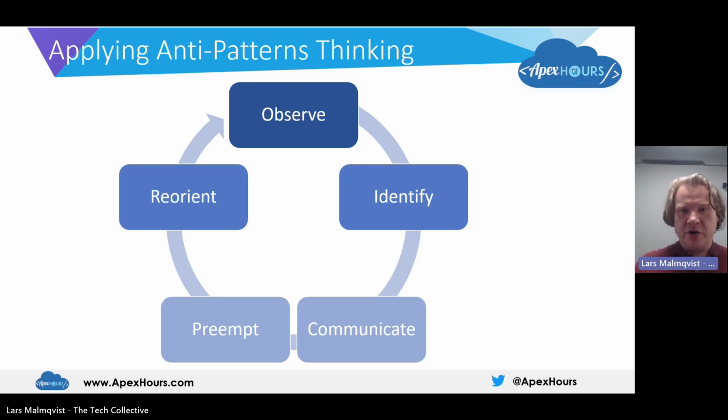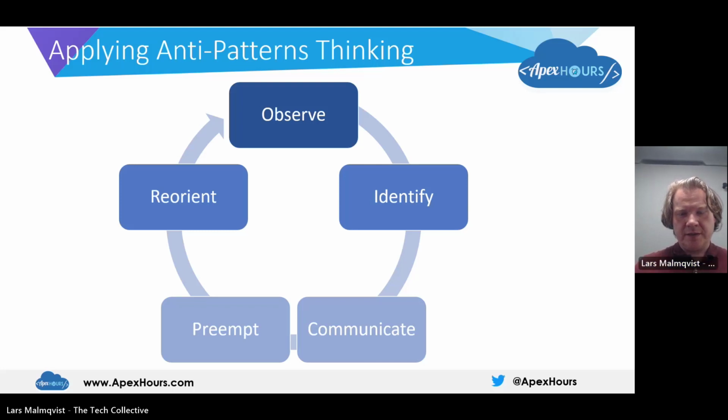And then 5, reorient. That's really about figuring out, well, what was the root cause of this issue that we've just identified? How can we change our practices, change our training, change our governance in order to make sure that something similar doesn't happen again? And how can we monitor that it actually works?